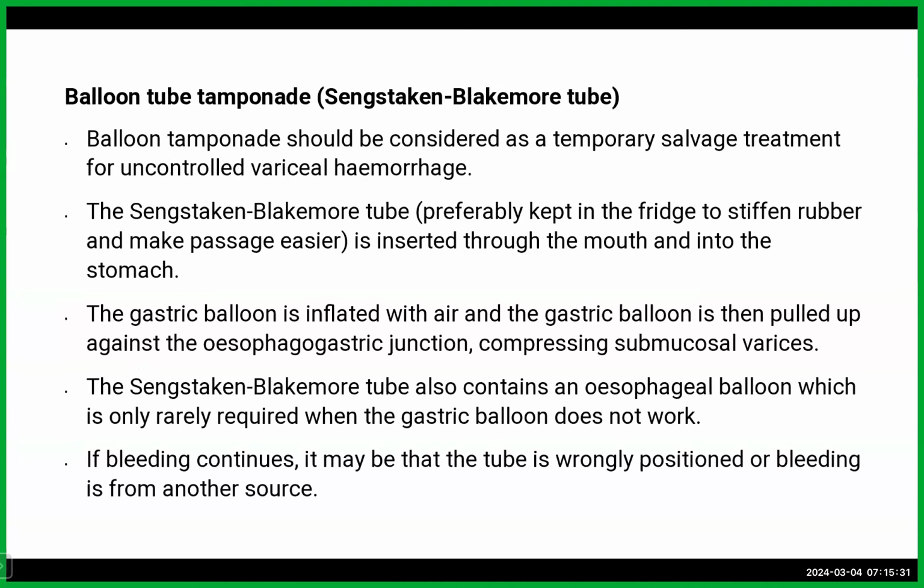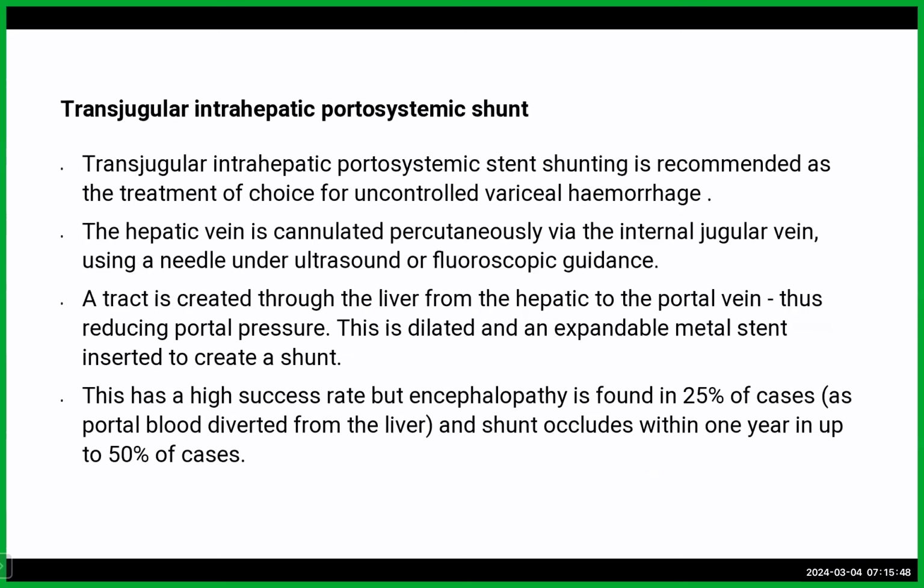Other measures that can be used in the acute emergency setting include balloon tube tamponade, like the Sengstaken-Blakemore tube, which can be used to cause tamponade and prevent bleeding. The transjugular intrahepatic portosystemic shunt is recommended as a choice of treatment for uncontrolled variceal hemorrhage.